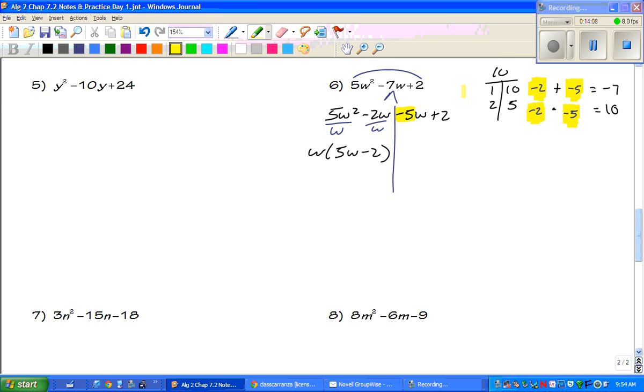Well, your leading coefficient is negative, and we need that to be positive, so you can always take out a negative 1. And when you take out a negative 1, then we're left with 5w minus 2, which is what we got on the other side. Okay? So we get w minus 1 and 5w minus 2.